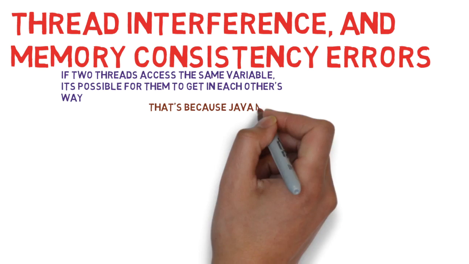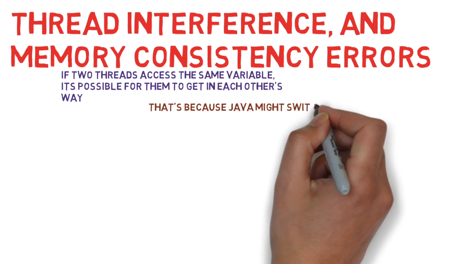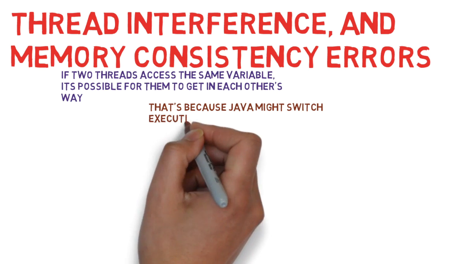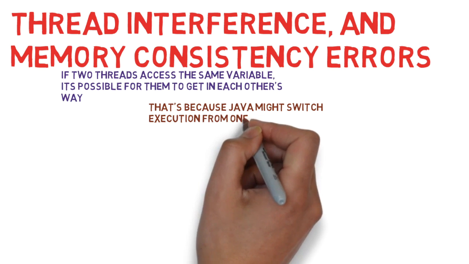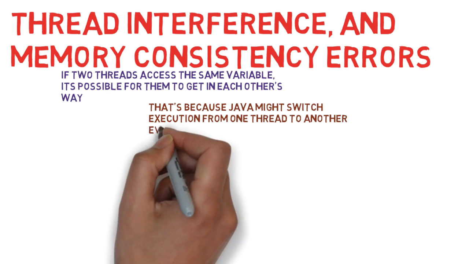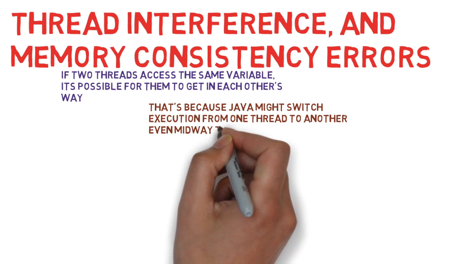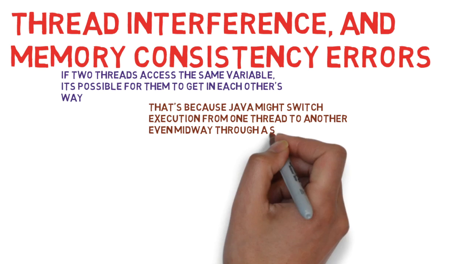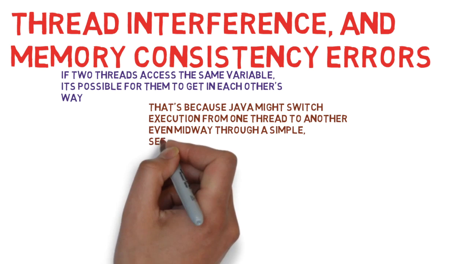So Java might switch execution from one thread to another, even halfway through a seemingly simple atomic operation. Consider a very simple operation like incrementing the value of an integer in memory. So like an i++ operation.